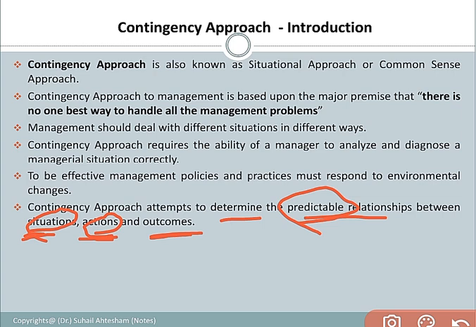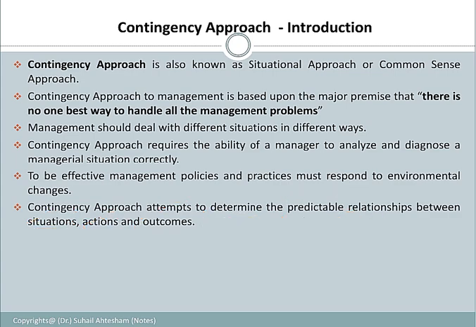So according to the situation, there must be a different plan, different process, and different strategies implemented by the manager in an efficient manner, right? So that the overcoming of the problem can take place in the organization, right? So these are interrelated things. According to the situation, there must be action so that the overcoming of the difficulty can take place, right?